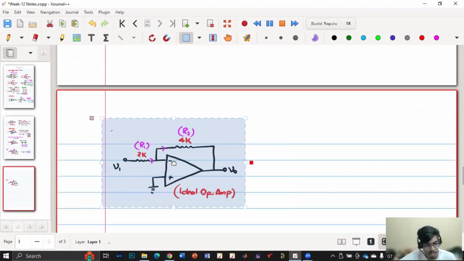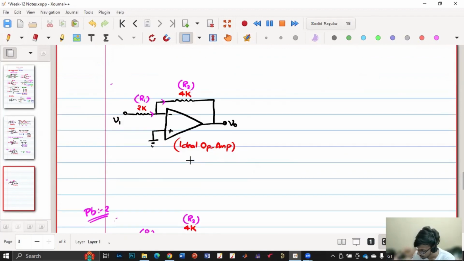If this is not connected to ground, say I have connected it to some voltage source, and the output I'll say V dash. So now what happens? These terminals are virtually shorted, so this also will become V dash, right?